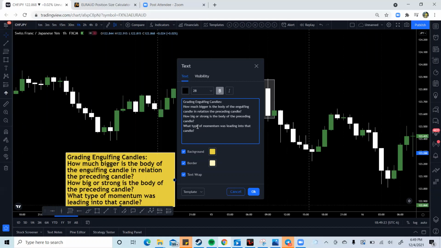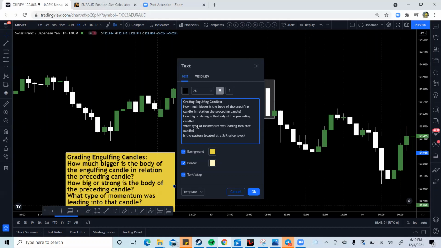I'll give you a bonus question, which should be the question for all candlestick patterns. Is the pattern located at a support or resistance price level? I'm going to put S for support, R for resistance.